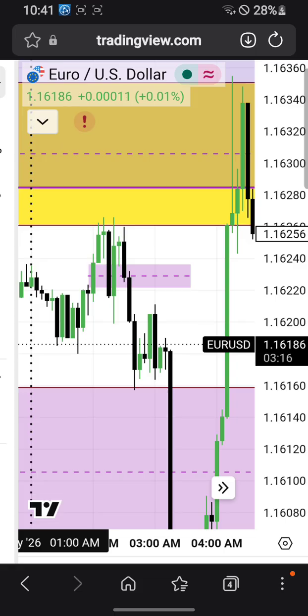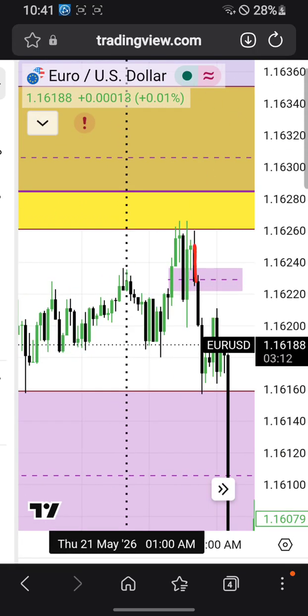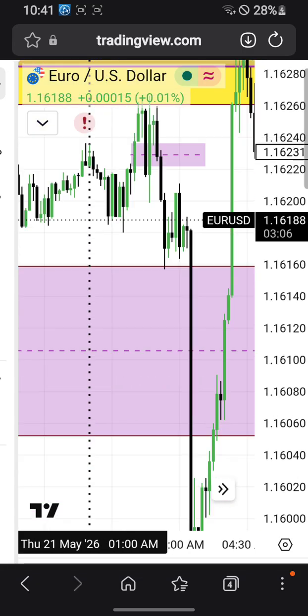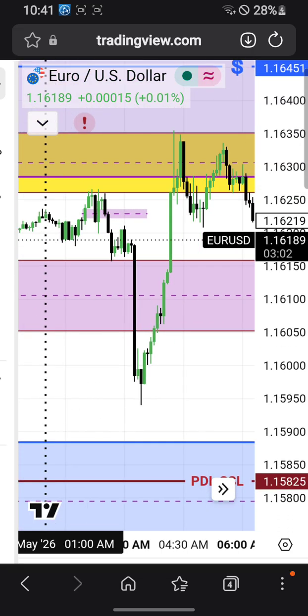Immediately I saw this run like this, automatically this is a market structure break to the downside now, proving to me that I am wrong to buy the market. That's okay. Then, being wrong buying the market, this high now is being protected to be the high of the day. That is why I was confident to sell.